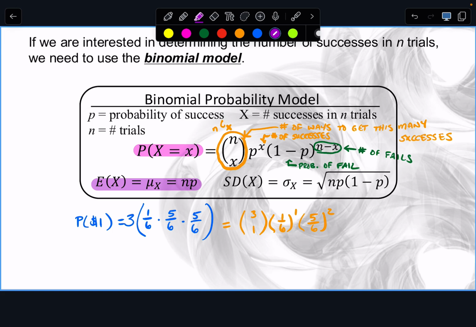This is like calculating the mean for our random variables. So we had a very specific formula for just your general discrete random variables. We took each value times the probability, added it to the next value times that probability, and so on, and we just continue to add them up over and over. With a binomial distribution, if I want to know the expected number of successes, all I have to do is take the number of trials times the probability of success.